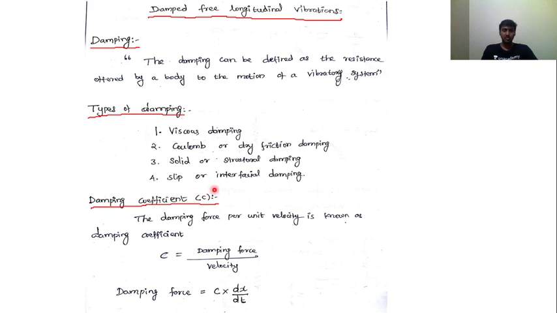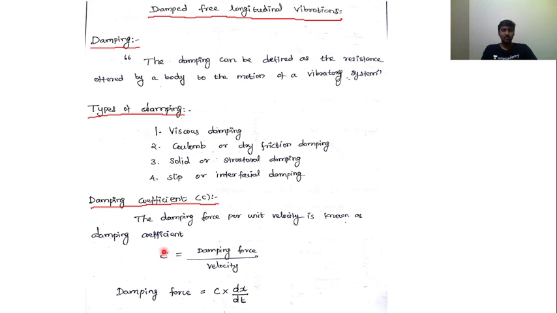Then the damping coefficient C: the damping force per unit velocity is known as the damping coefficient.